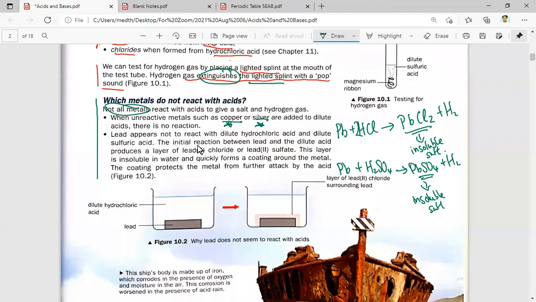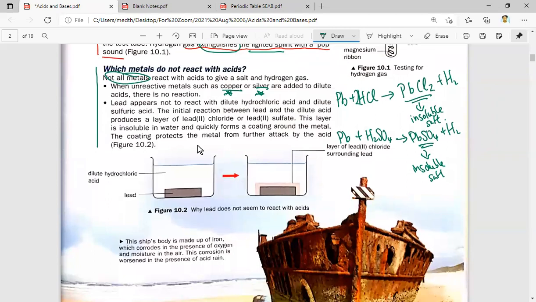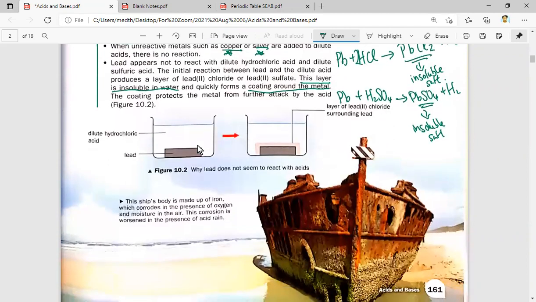Now, what is so unique about this insoluble salt? As mentioned, if you react lead with the two acids, you actually get either lead(II) chloride or lead(II) sulfate. This layer is insoluble in water and it coats around the metal. So I want you to look at this diagram specifically.